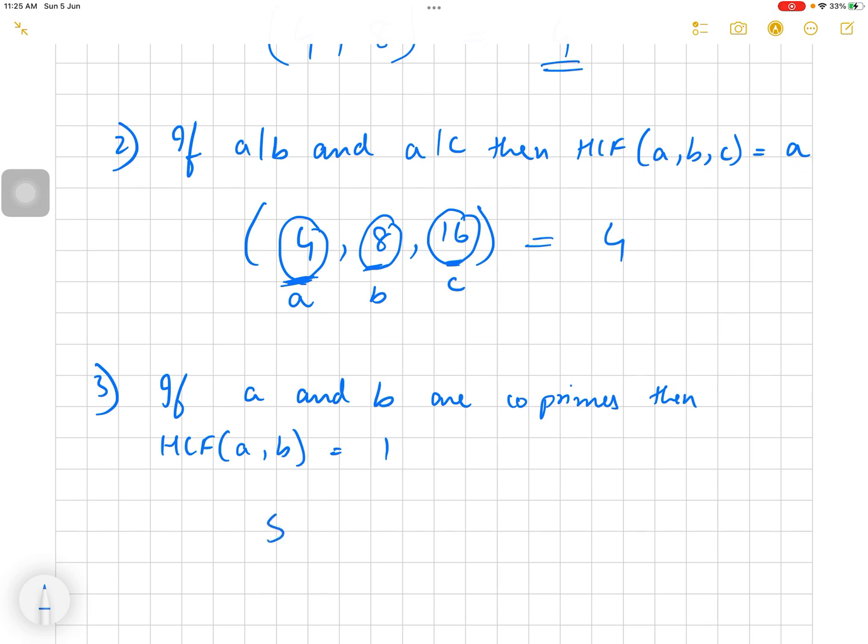Suppose my A is 5 and my B is 3. So HCF of 5 and 3, there's nothing common, right? So that's why it would be 1.